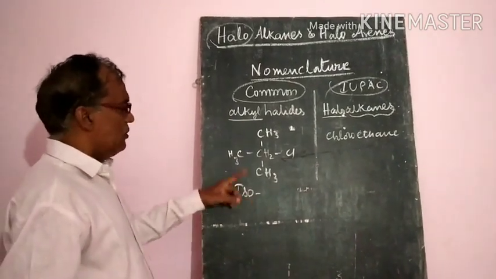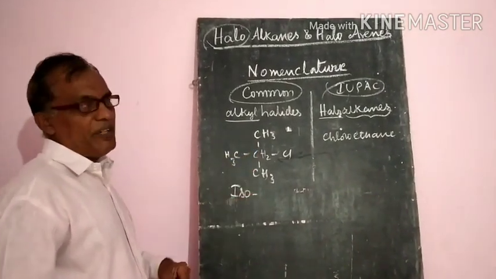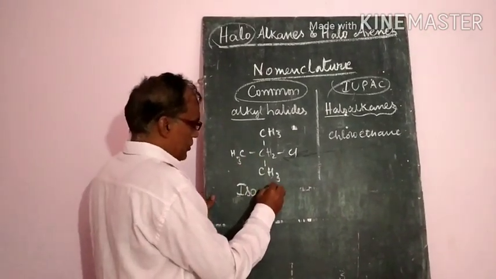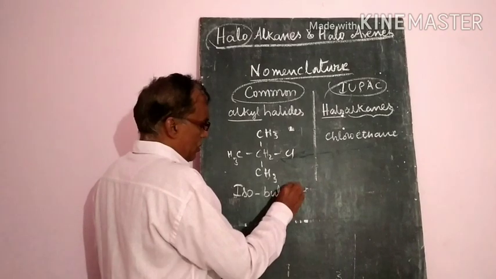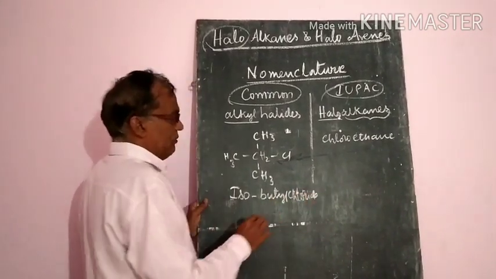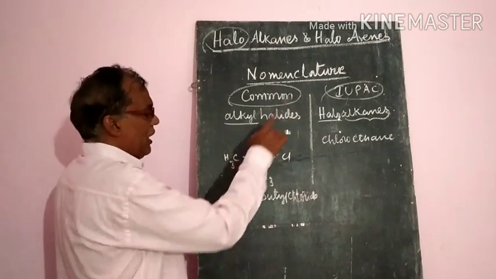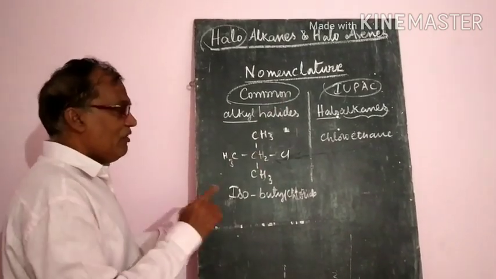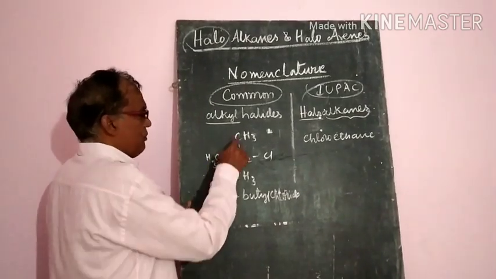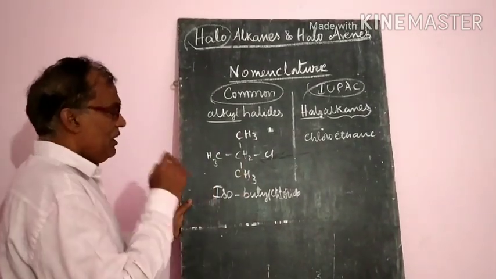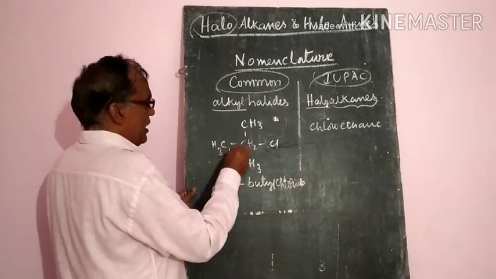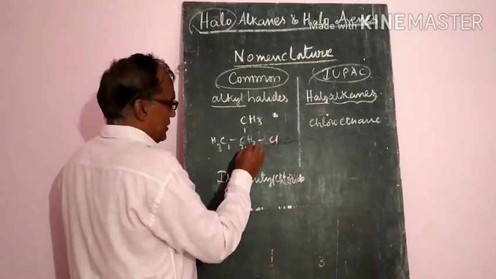Whenever you are writing it, all four carbon atoms are there: iso, alkyl group, means isobutyl chloride. Just write it directly. But in the IUPAC nomenclature, we will not give the name directly. We first note down the positions of the methyl groups, then we give the names. Where are they? 1, 2, 3. That is the second carbon atom.